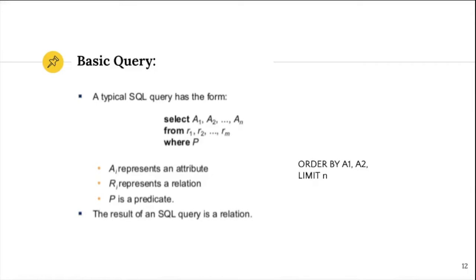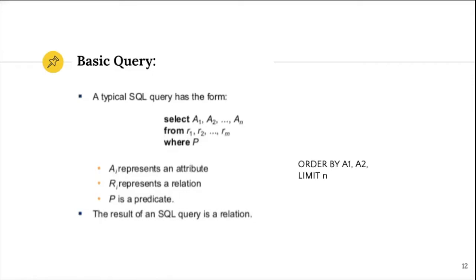Pwedeng multiple yan. Pero ang basic niyan ay isa lang. Kasi you select yung mga columns na to from this table. Pero if you append more tables dito, ang kino-complete mo yung cross product pala ng r sub 1 to r sub m.